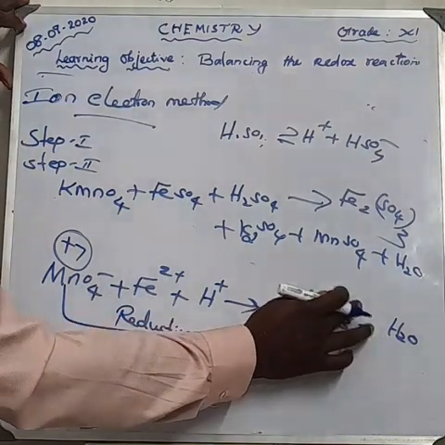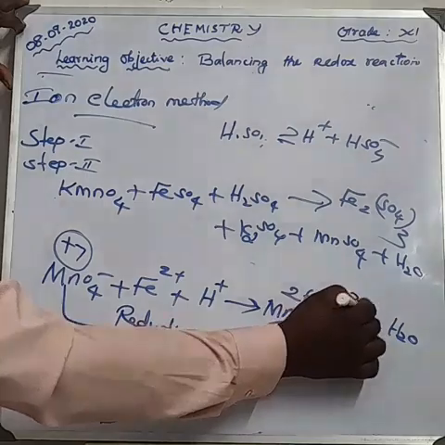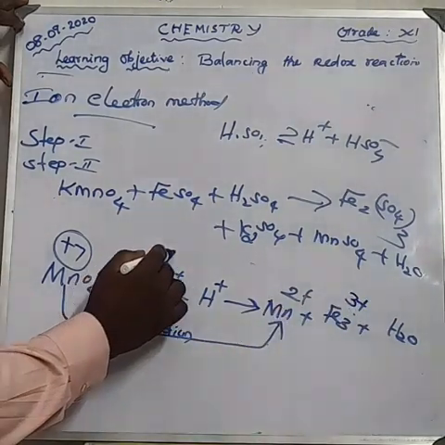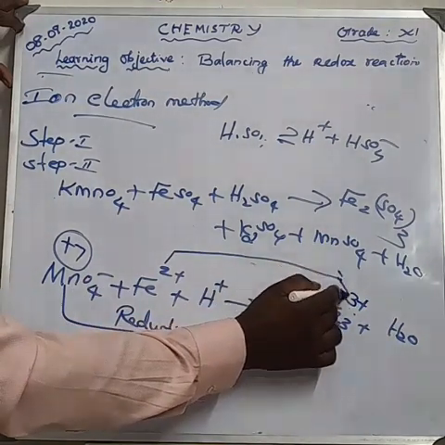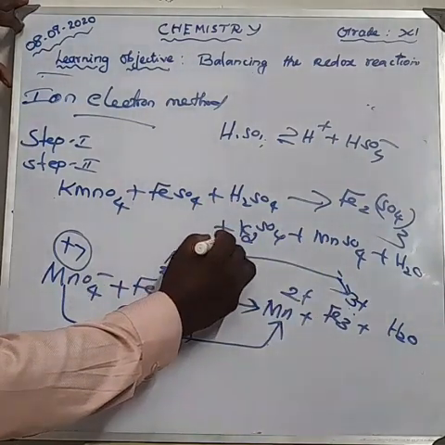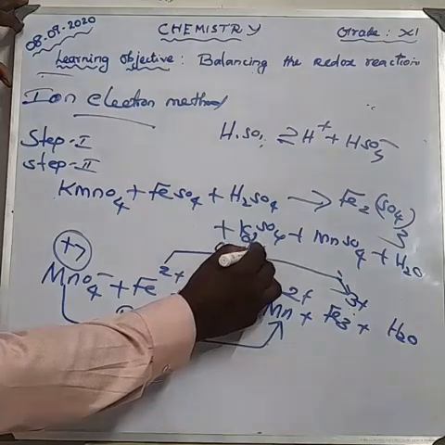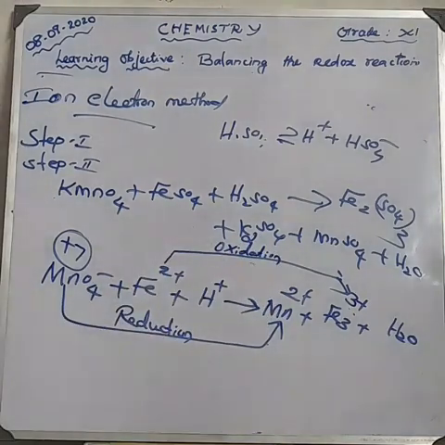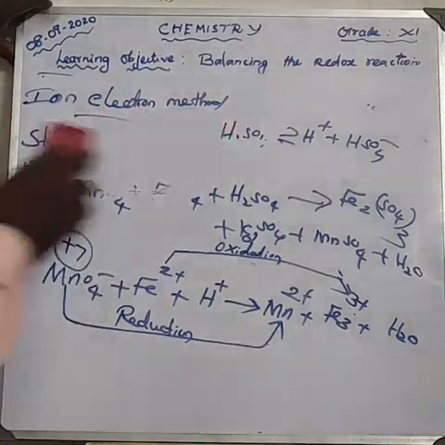Am I right? Now it is increasing, 2 plus to 3 plus means increase. That is called oxidation. Okay. Now it is over. Next, about the two half reactions. Which are the two half reactions? First, write out the two half reactions.